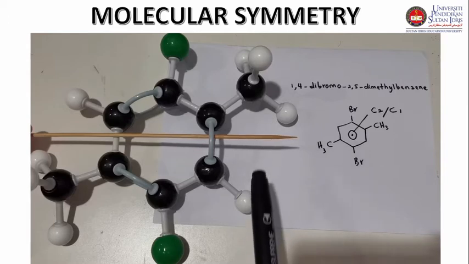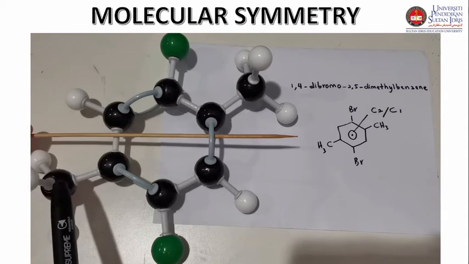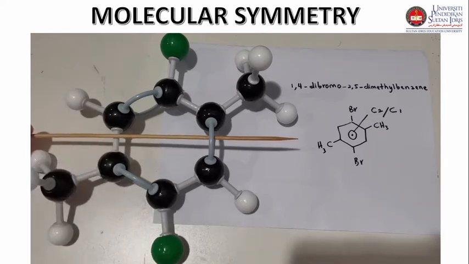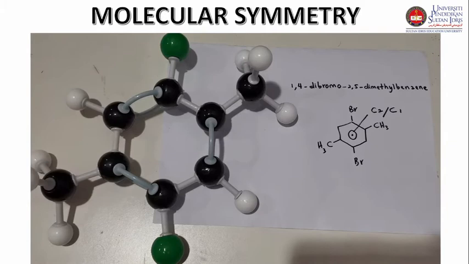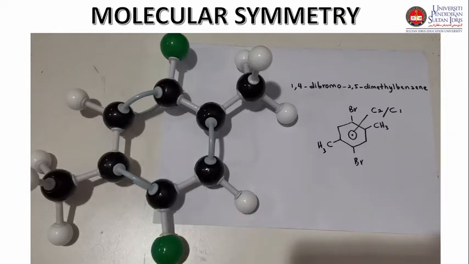So this axis does not exist in this molecule. The axis exists only through the center of the benzene ring, so there is only one C2 axis present in this molecule and no other axis.